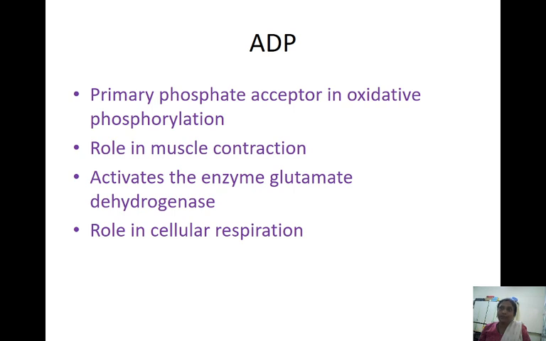That means ADP has a role in cellular respiration and in muscle contraction, and ADP activates the enzyme glutamate dehydrogenase. These are all the functions of ADP.